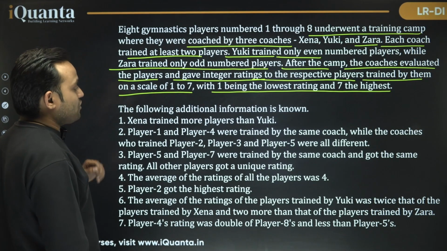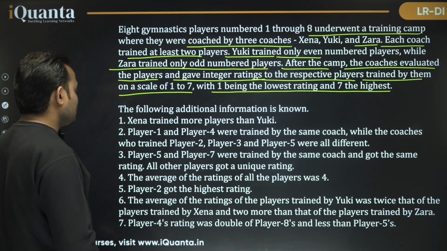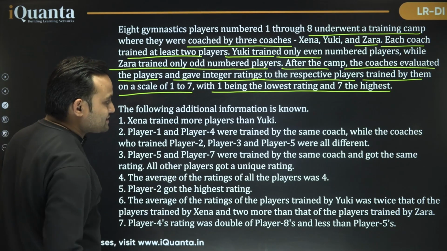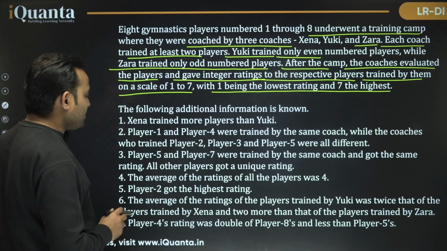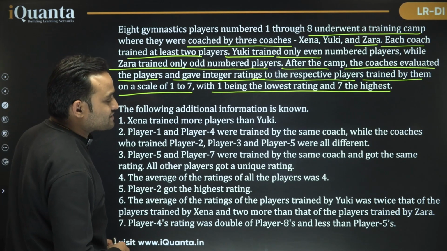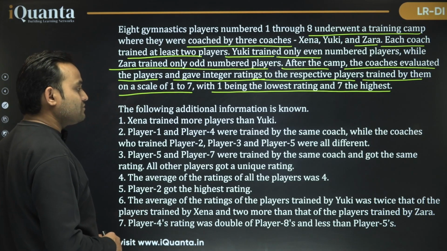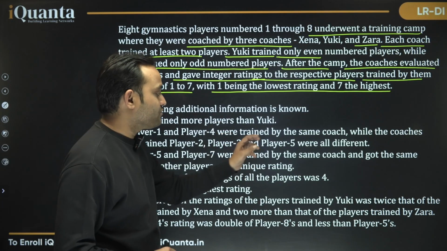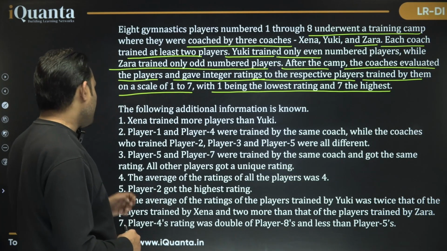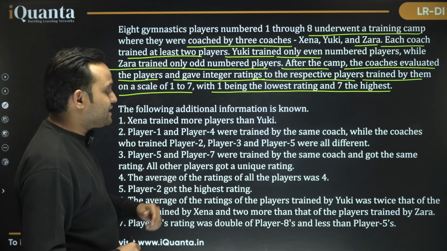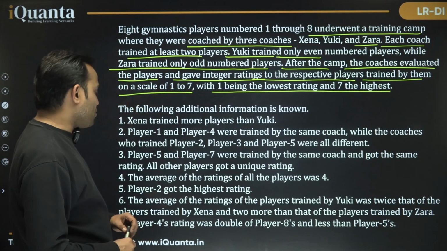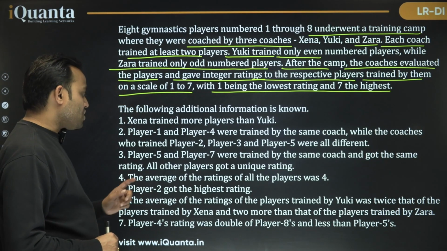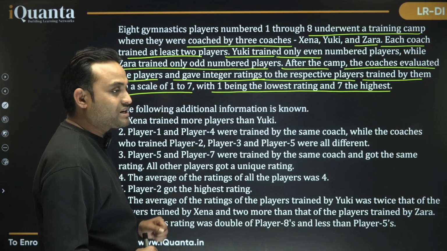Now, the following additional information is known. Zena trained more players than Yuki. Player 1 and player 4 were trained by the same coach, while the coaches who trained player 2, player 3, player 5 were all different. Player 5, player 7 were trained by the same coach and got the same rating. All other players got a unique rating.